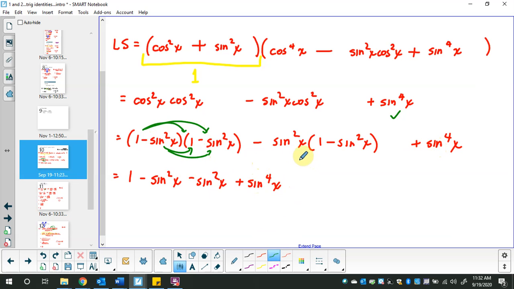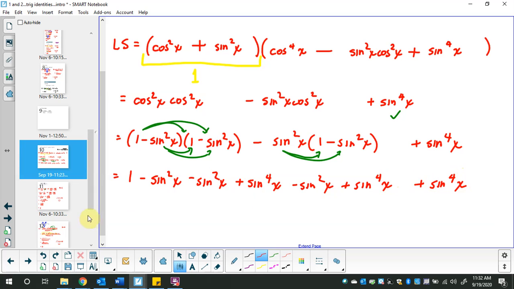Then, very carefully, I have to multiply this bracket out. It's not going to take FOIL, but it's going to take me remembering this sine squared x is negative. So negative sine squared x times 1. And negative sine squared x times negative sine squared x is positive sine to the 4th x, and then plus the other one that I'm not messing with.